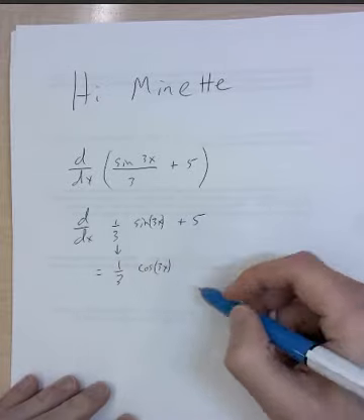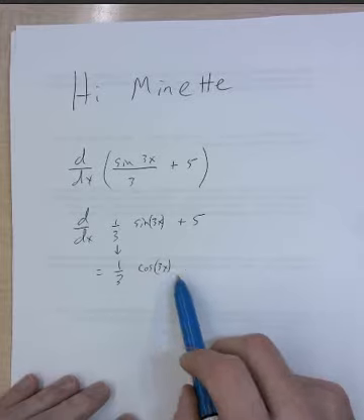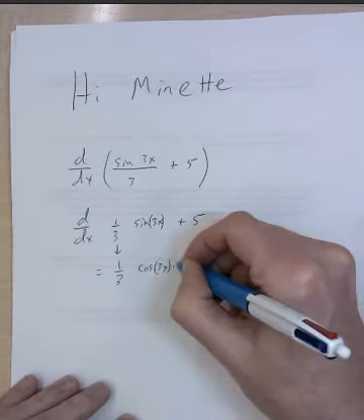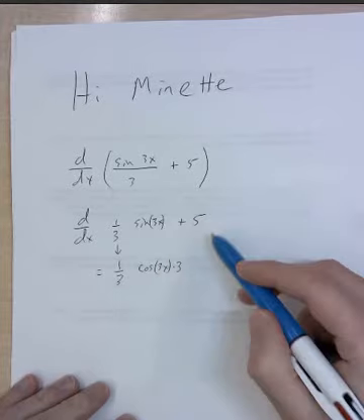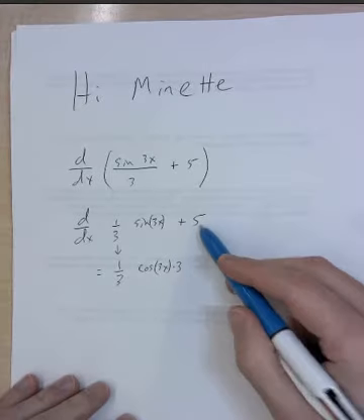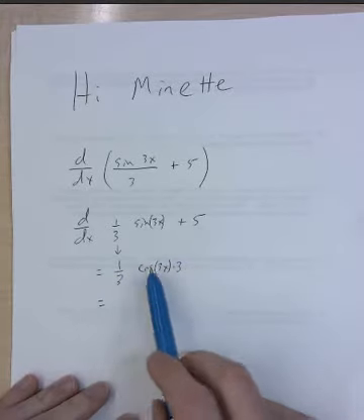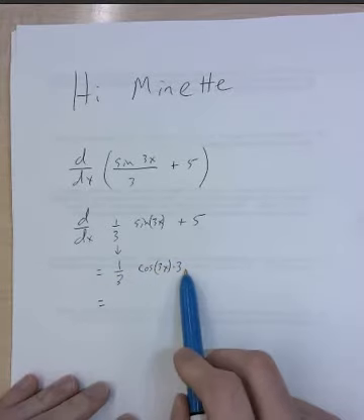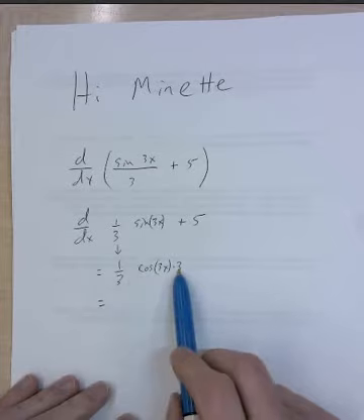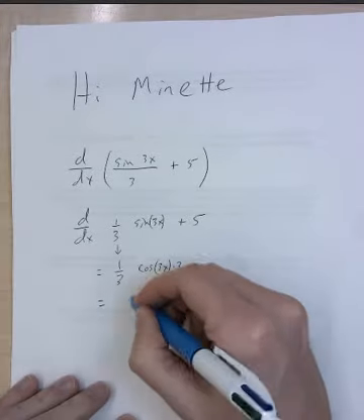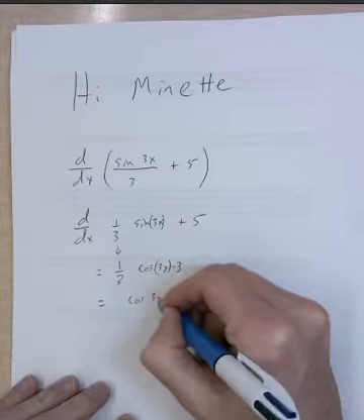But since this is a chain rule, we have to multiply by 3 because that's the derivative of the inside function, so times 3. The derivative of 5, of course, is 0, so we don't even write that. Then we have 1/3 of the cosine of 3x times 3. 1/3 times 3 makes 1, so we end up with just cosine of 3x.